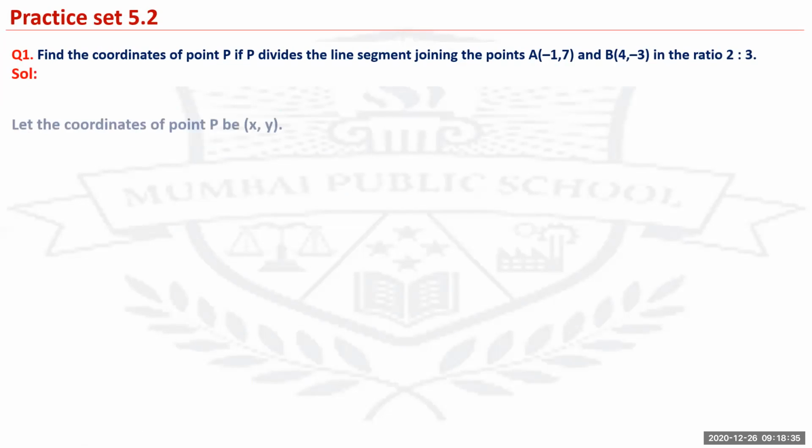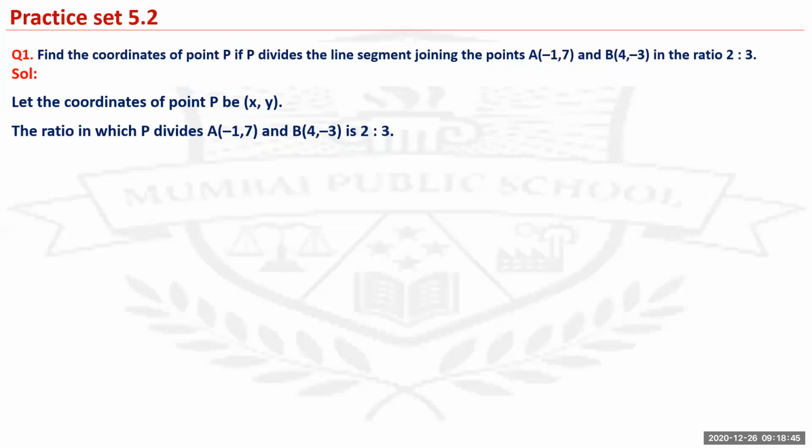Solution. Let the coordinates of point P be x, y. So assuming the coordinates of P as x, y, the ratio in which P divides A(-1, 7) and B(4, -3) is 2:3.